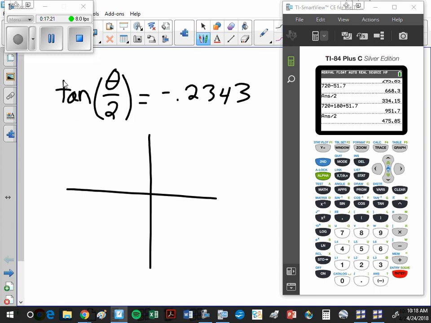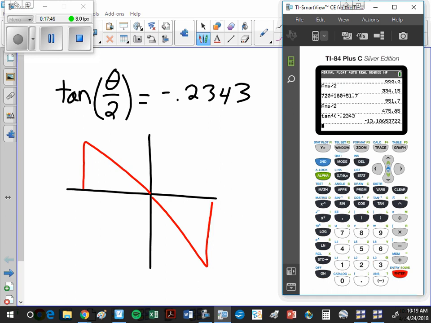Where is the tangent negative? 2 and 4. Okay, so I'm going to invert the tangent of negative 0.2343, and I get negative 13 degrees.